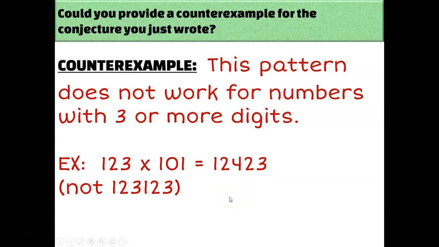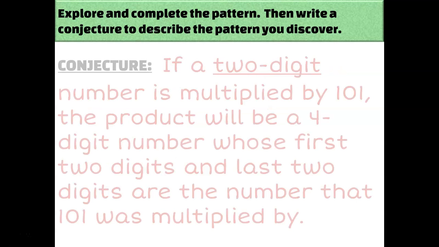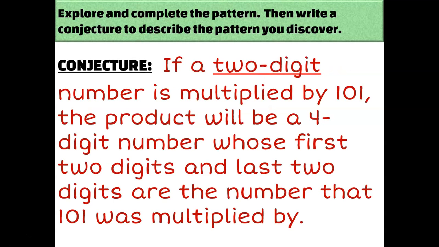So we need to rewrite our conjecture. We need to add a little bit of extra information to it to make it more specific. Your goal with every conjecture is to make it so that you can't provide a counterexample. So let's rewrite our conjecture to include the words 2-digit. If a 2-digit number is multiplied by 101, then the product will be a 4-digit number whose first 2 digits are blah, blah, blah.